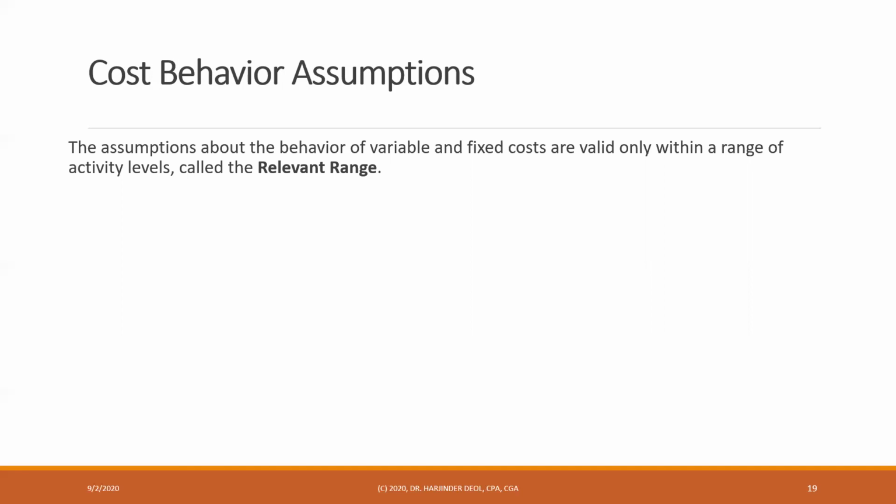These assumptions are valid only within a range of activity levels, and that range is called the relevant range because you recall, if you took microeconomics, you'd remember all costs tend to be variable in the long run. There is no such thing as a fixed cost in the long run. So in the short term, within the relevant range, you can have costs that are variable and costs that are fixed. And so the following table summarizes cost behavior.